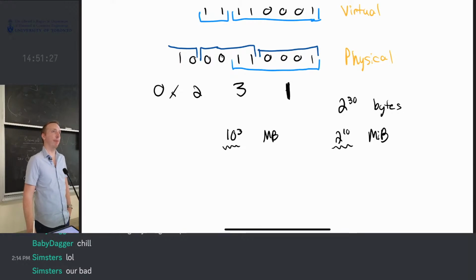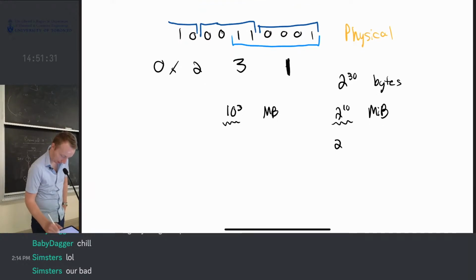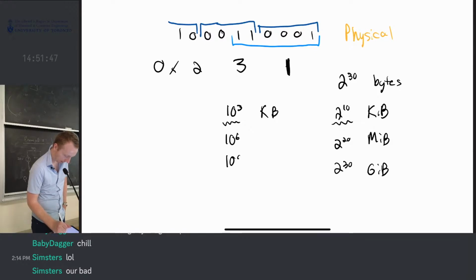It's like 400 and something. Well, guess what? So 2 to the 30 is megabytes. Oh, sorry, kilobytes. So a megabyte is 2 to the 20, and then a gigabyte is 2 to the 30, like this. But if you do powers of 10, hey, guess what? It looks like this.